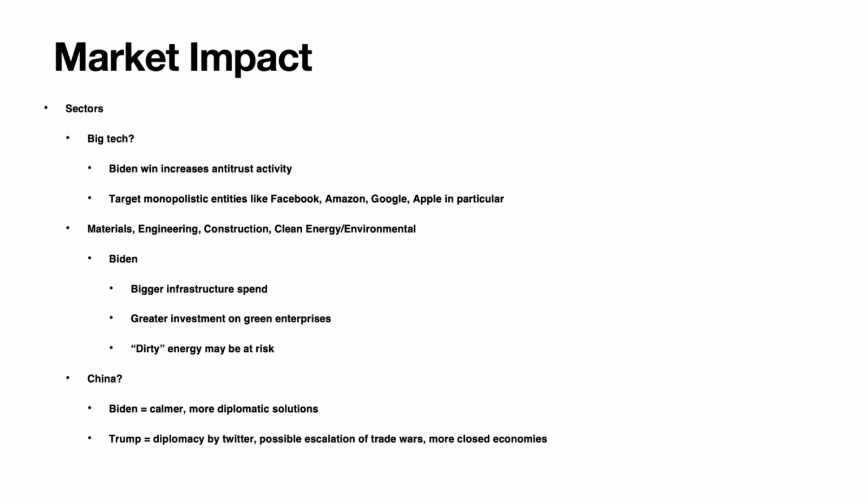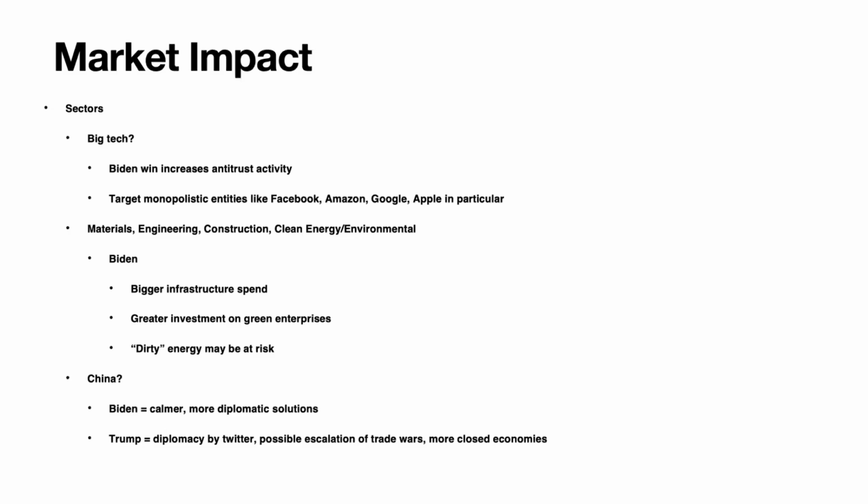Engineering and construction companies, due to that big infrastructure spend, and clean energy and environmental companies as well. Even thinking of something simple like Tesla, who's targeting zero emission vehicles. So Biden equals a bigger infrastructure spend, greater investment in green enterprises, and the flip side of that last point is that so-called dirty energy, so carbon producing energy companies, may also be at risk.